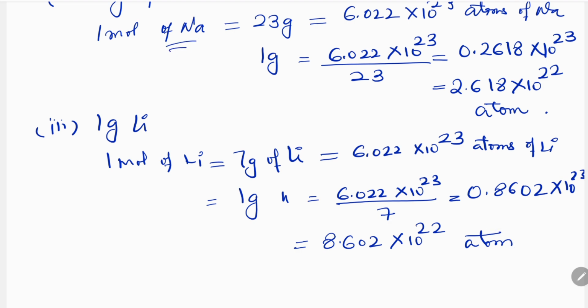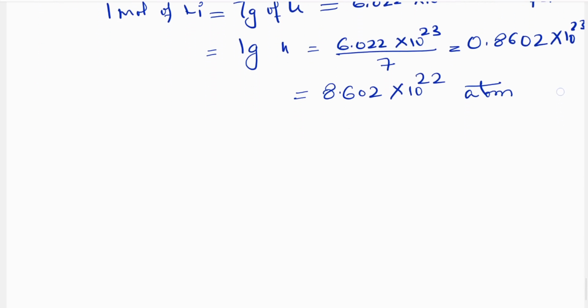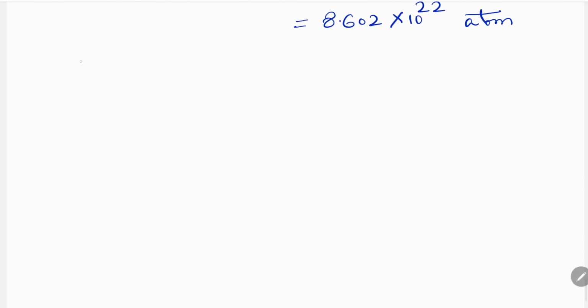Okay, so let's go and solve for chlorine. The fourth one was, we have been given 1 gram of chlorine, right?